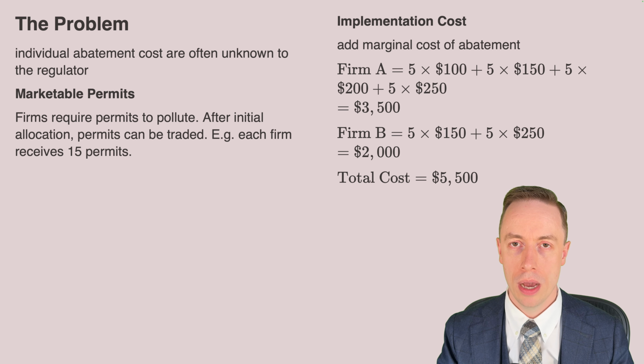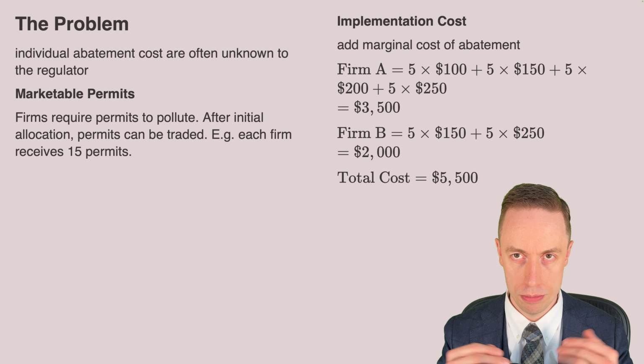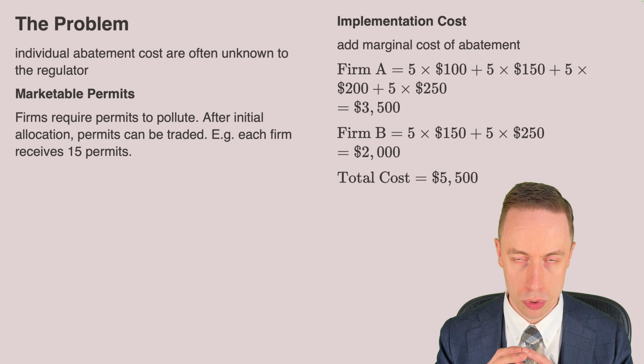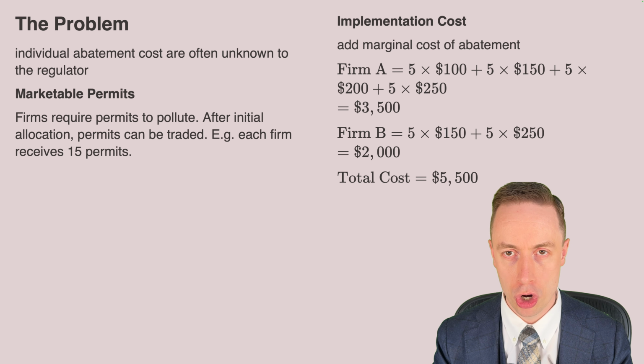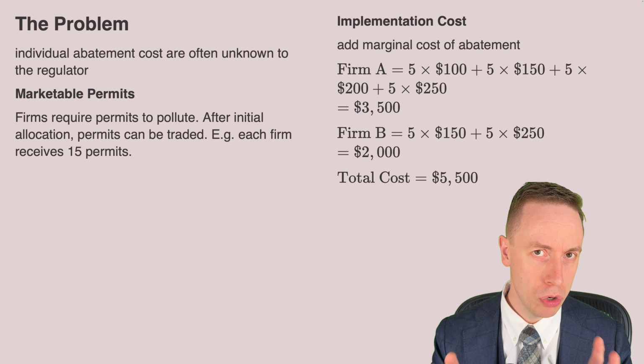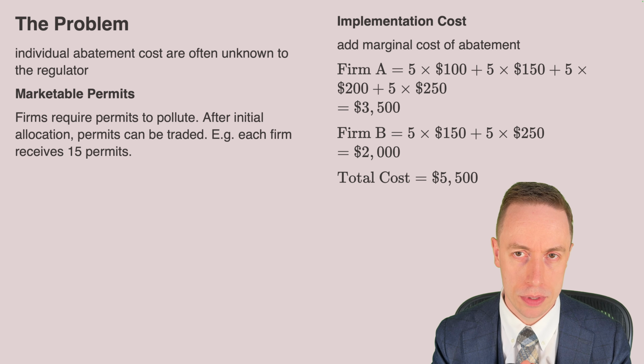So in other words, our 2 market-based approaches, pollution charges and marketable permits, they both can achieve pollution abatement at lower cost. The question is really, what do you want to specify when you make your regulation?